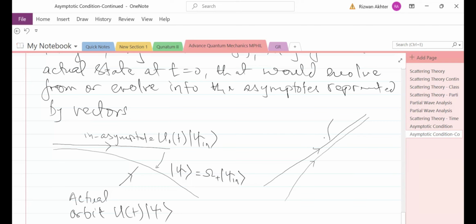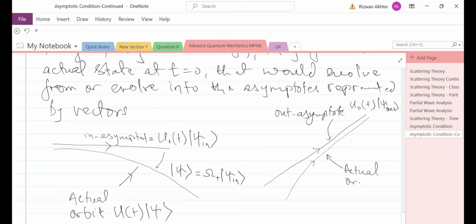This is the asymptote, which we call the out asymptote, that is u naught of t psi out.